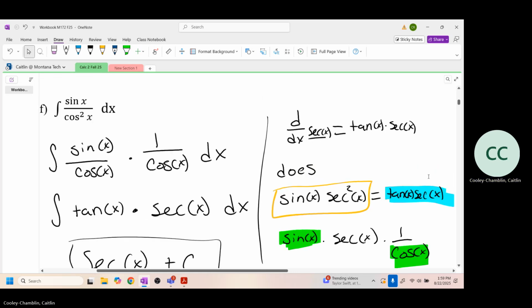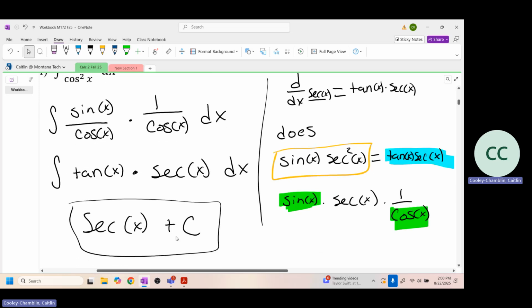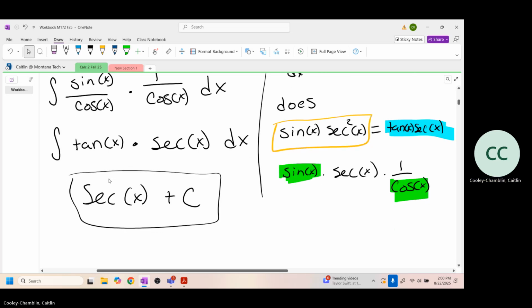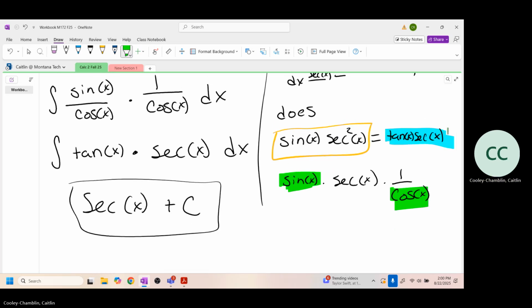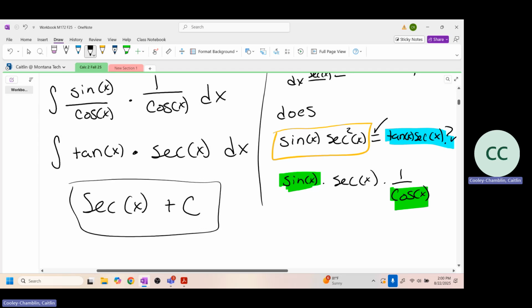It's like, can it equal tangent of x, secant of x? I don't know. Let's try. And when you get it there, you can show it in your work over here. Does this equal this? And it does. Actually, I'd probably put a big old check mark there.